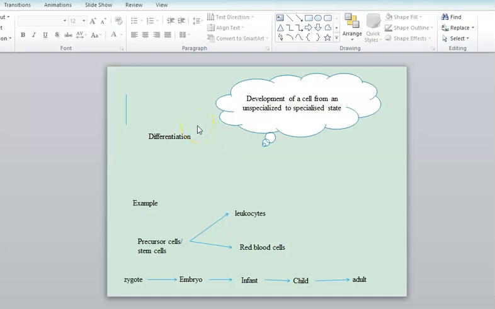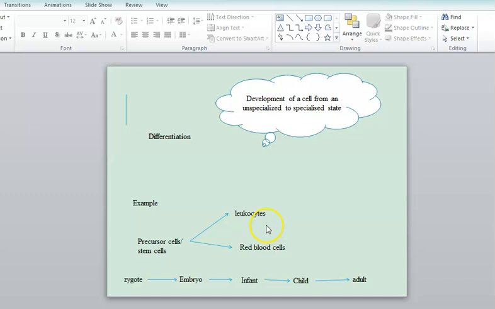Then next, the life process is differentiation. Differentiation means development of a cell from an unspecialized or precursor cell to a specialized state. The unspecialized cells we can say are precursor or stem cells. An example for differentiation is the production of leukocytes and red blood cells.